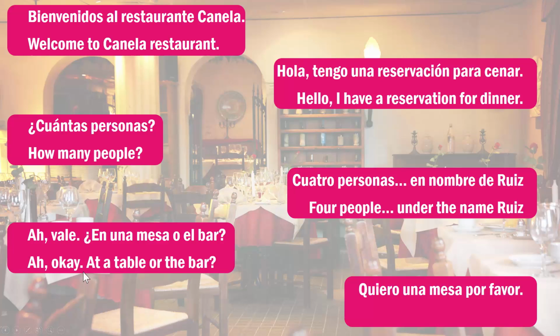This is very common in Spain as well as a few countries in South America. It's not heard around the entire Spanish-speaking world, but it is well understood. Quiero una mesa, por favor. I want a table, please. Here we've recycled a previous language chunk, quiero, as well as introduced the Spanish word for a table, una mesa.